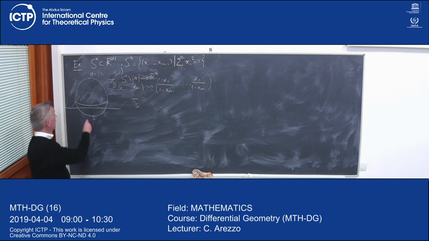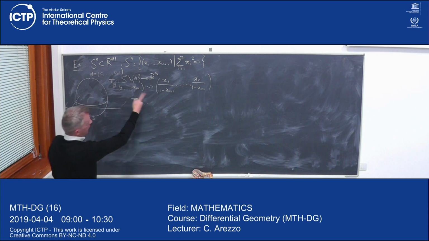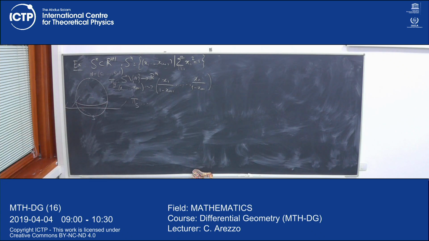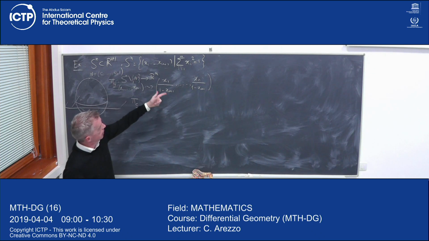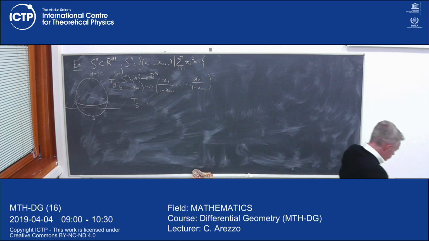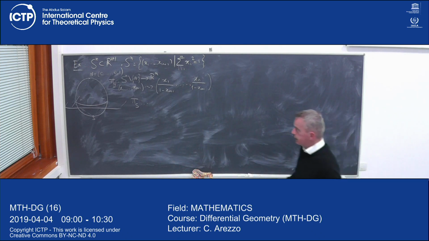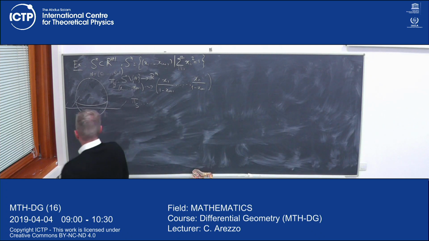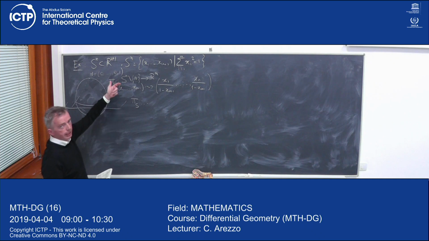You construct a chart which covers also the North Pole, and this will have the dual expression. From the South Pole it will be minus 1 here, so the expression would be the same with a plus. This is a nice way to prove it, because once you have these two expressions, you have to write down the change of charts.